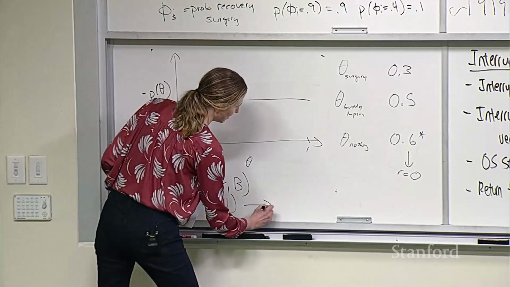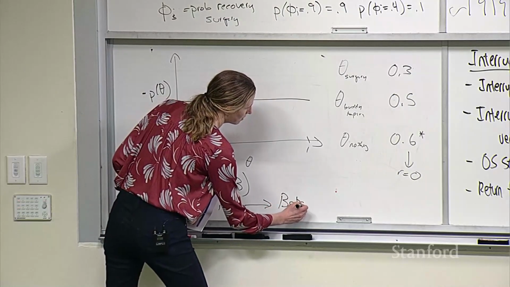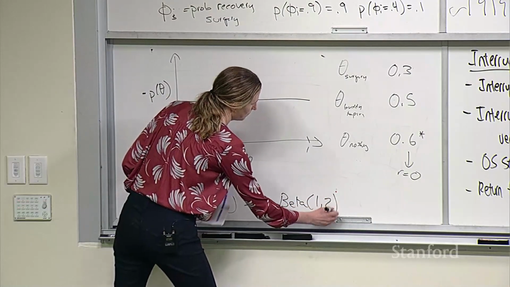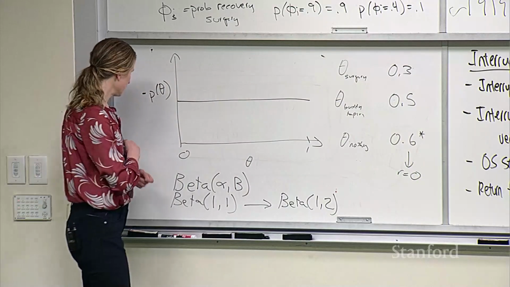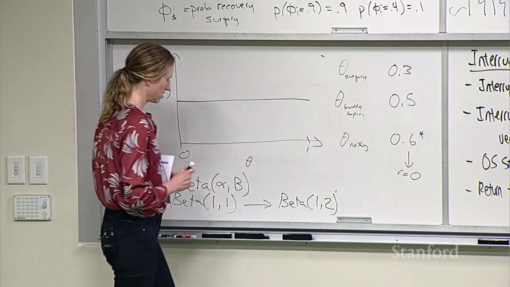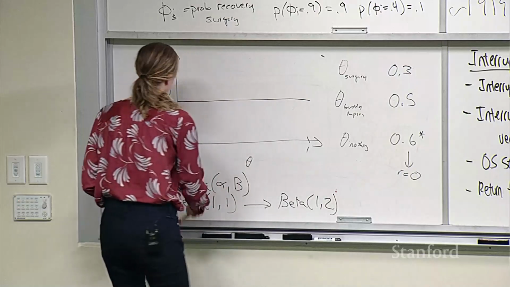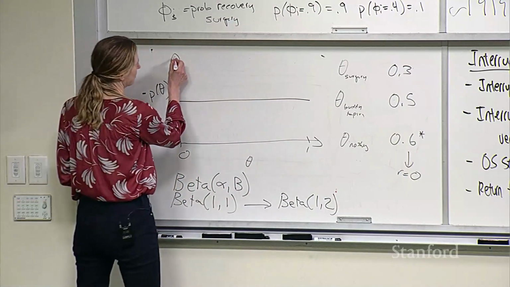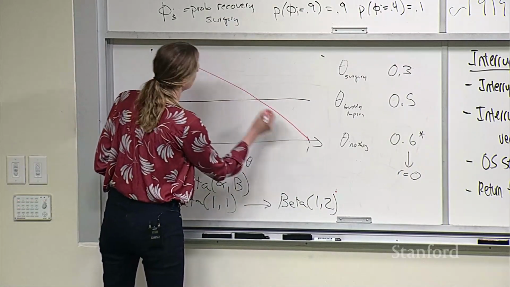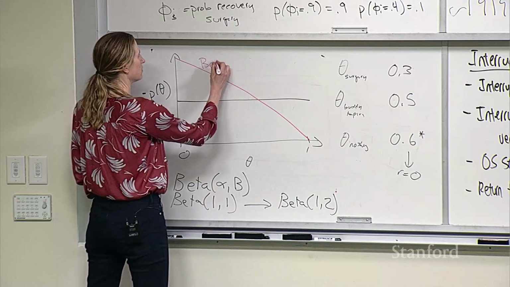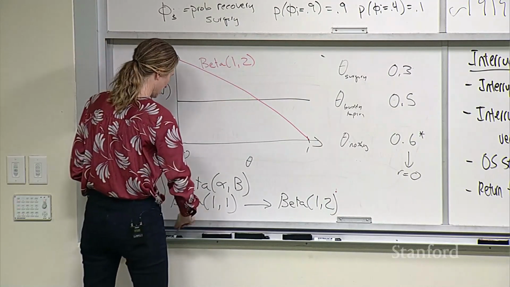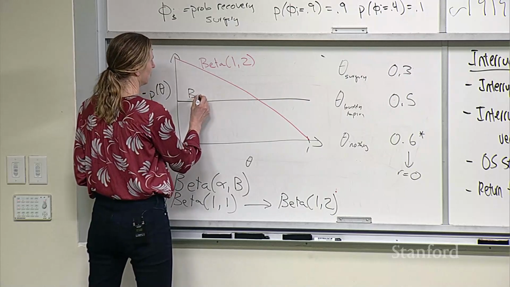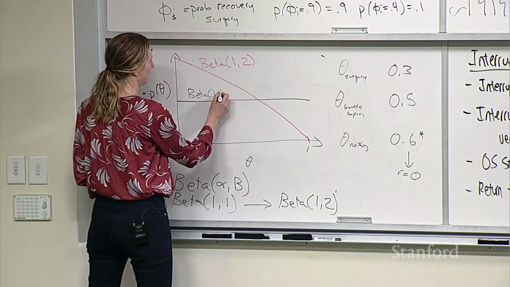So this becomes beta 1, 2. And that is going to look different. It's going to look like this. This is a beta 1, 2, and this is a beta 1, 1.